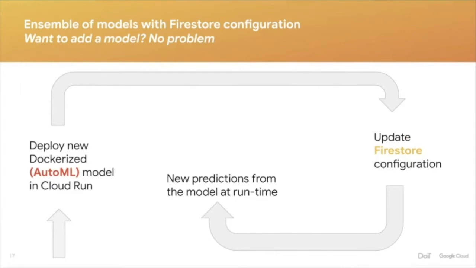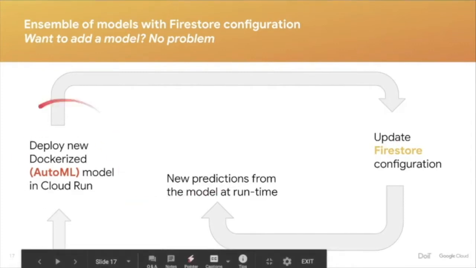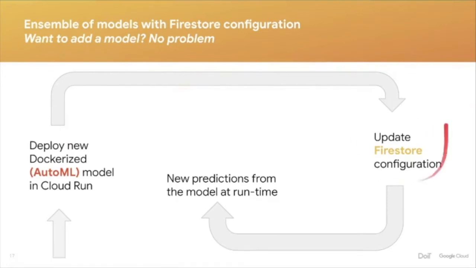And the question would be then, what if you want to add a model? This is really not a problem. What we did is we trained a new model in AutoML. We exported it, Dockerized it, put it into Cloud Run, and simply updated the Firestore configuration to say what the new endpoint of the model is.